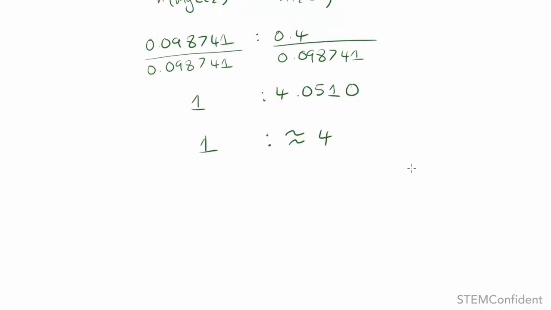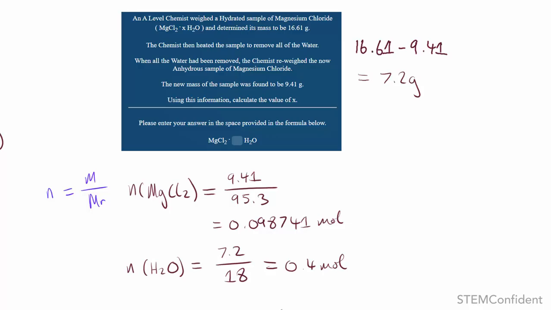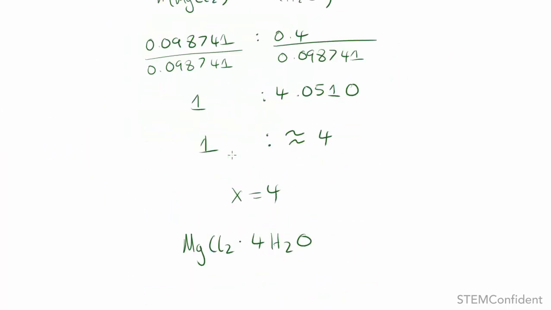So therefore, we can say that x is equal to 4. And if x is equal to 4, then simply it's MgCl₂ dot 4H2O. So our value of x is 4, as you can see. So over here we can say that the value of x is going to be 4. Okay, so that's basically that done.